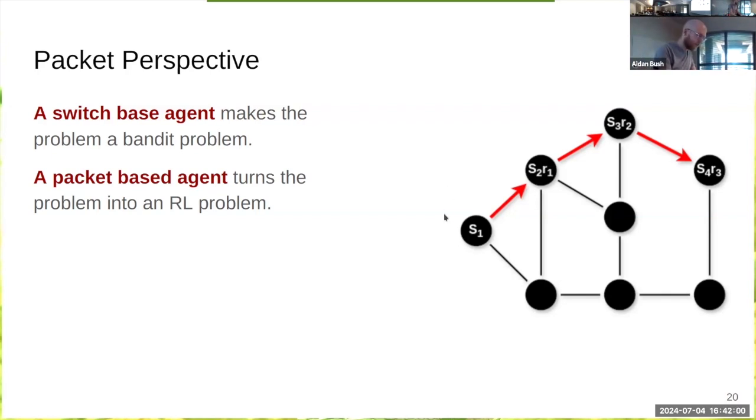Then you can get a normal TD update as you move around, going from state 1 to state 2 and so on, and it turns into an RL problem. There might be a way to make this an actually useful formulation if you were to somehow distribute the policy across all the switches.